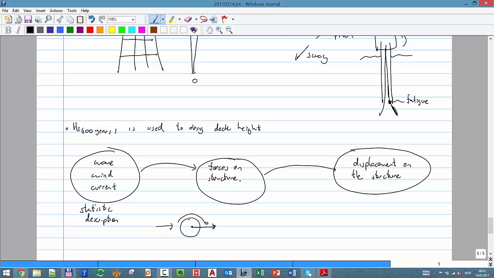And then you verify displacement and also stresses in the structure. You want to be sure all the time that the stresses do not go over the resistance of the material.